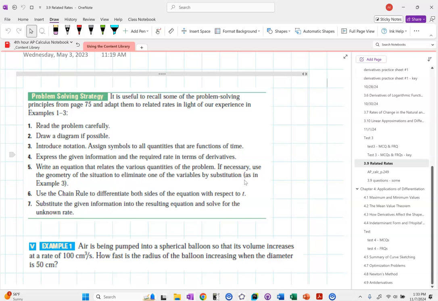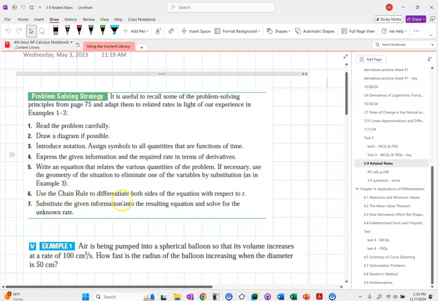Or if you try to do the derivative with the formula as is, you'll end up with a rate that you don't know and you won't be able to get. So in those situations, you're going to have to eliminate a variable by finding another, probably geometric, relationship in the situation before we start differentiating. We'll look at an example here of doing that.